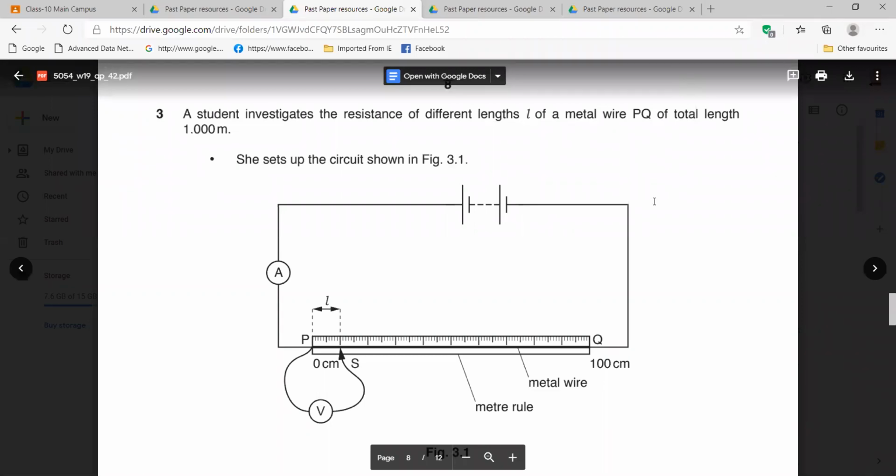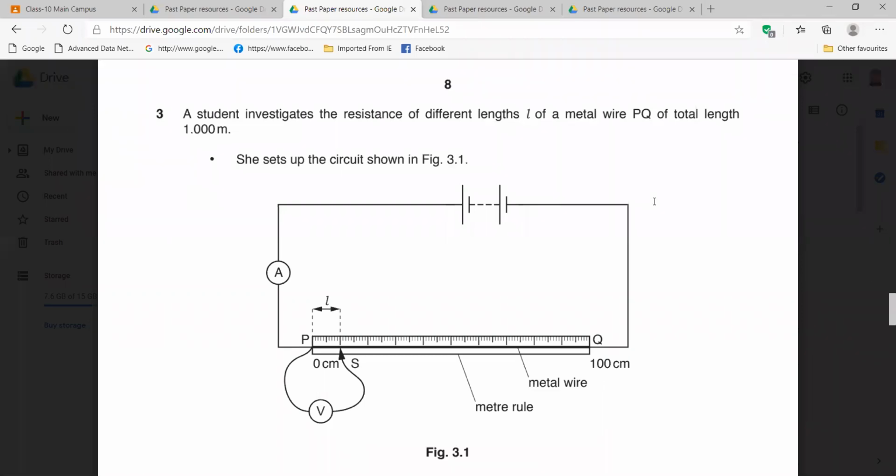Will we not do paper 3? Yes, we will do paper 3 practically when the school opens. Maybe we can start from September. Till then we will go this way, and we will also do some questions related to graphs.